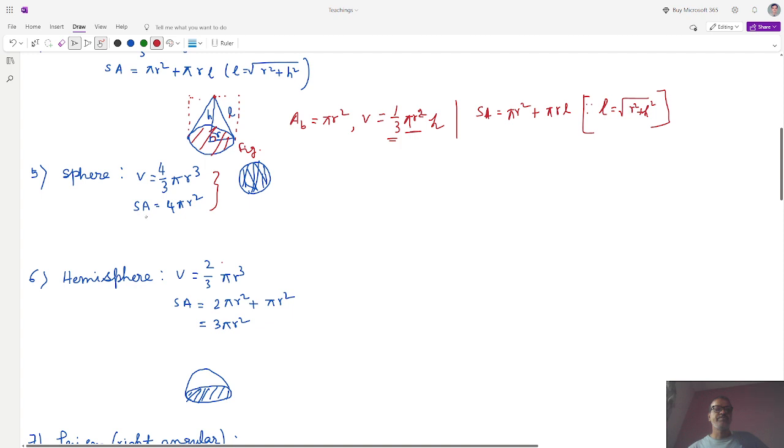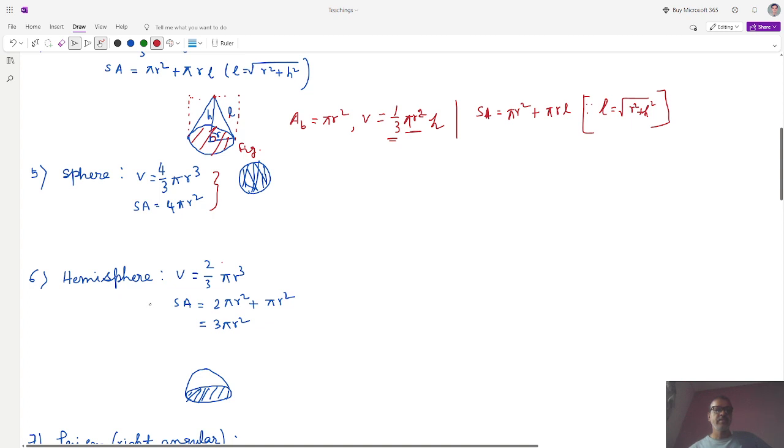Here also, we have to remember, in my previous video on circle, semicircle and ring, for semicircle, the perimeter is added with half of the circle circumference.